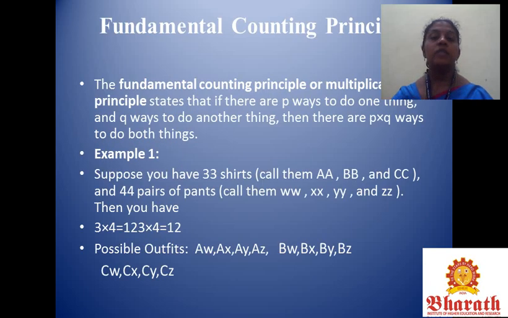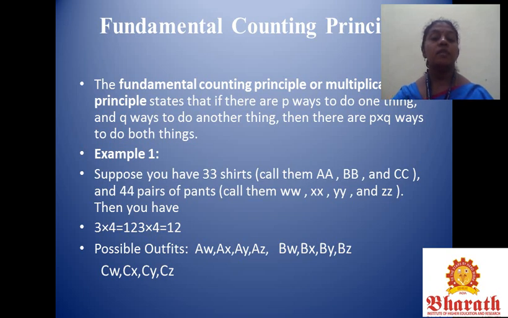Next, the fundamental counting principle. The fundamental counting principle or multiplication principle states that if there are p ways to do one thing and q ways to do another thing, then there are p into q ways to do both things.